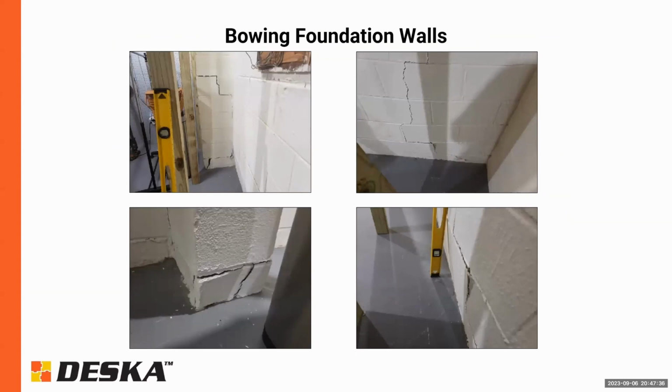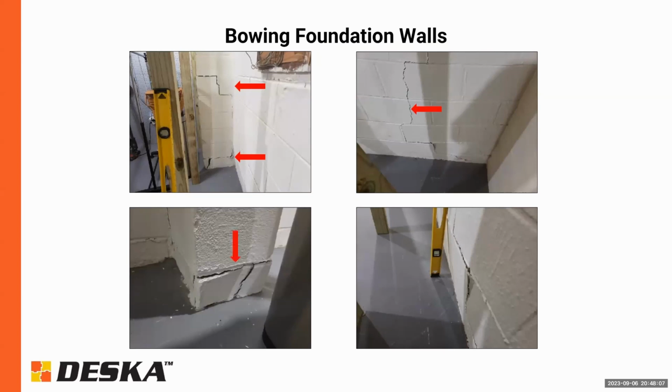So here's another example of a wall that is essentially bowed inward along with some shearing as well. You'll notice we have some stair step cracking here, and that's at the corner, which is pretty common. The top there and the bottom. The wall has not only bowed inward laterally on, say, the y-axis, but it's also bowed inward laterally on the, say, the x-axis, which is why we see that crack in the top right corner.